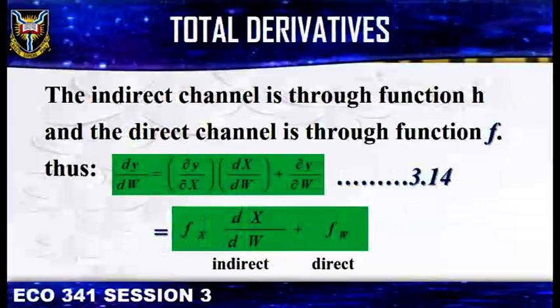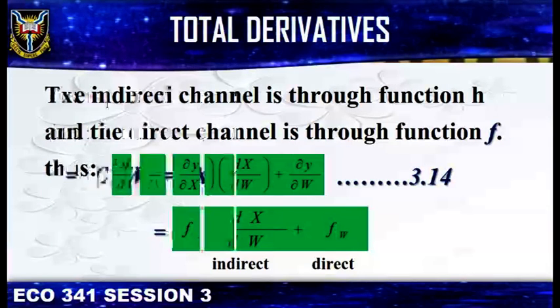The indirect channel is through function h and the direct channel is through function f. Thus, dy dw is equal to partial dy partial dx times dx dw plus partial dy partial dw, equation 3.14, which is equal to f sub x times dx dw plus f sub w, indirect plus direct.